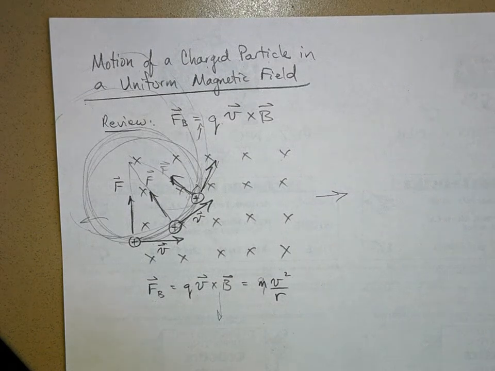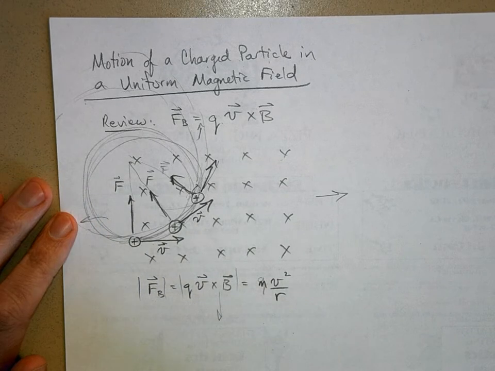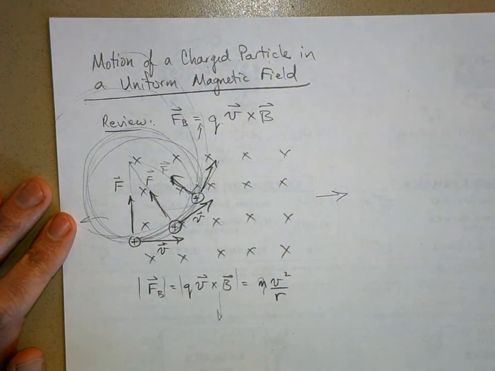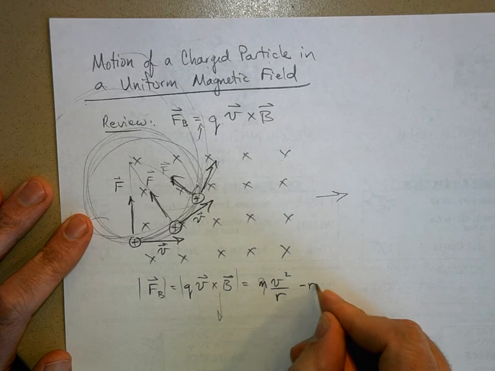Right? Now this was a vector, and so this is. Let's just deal with the magnitude of this for right now. The direction of all this is in the negative r hat direction, towards the center of the circle. So I'll just put negative r hat.